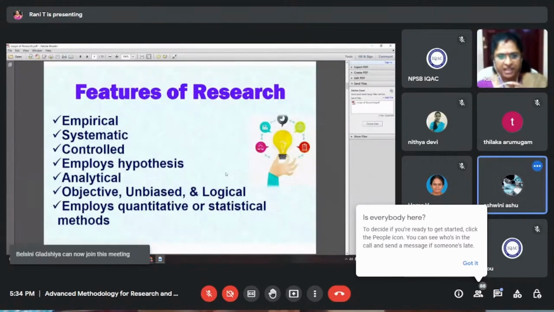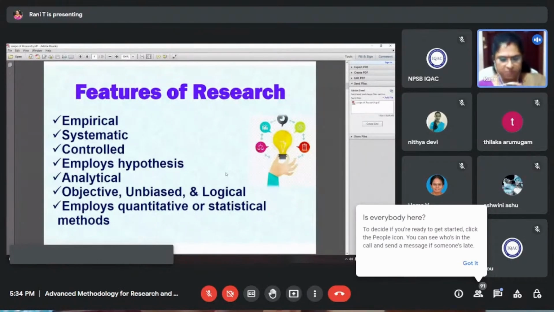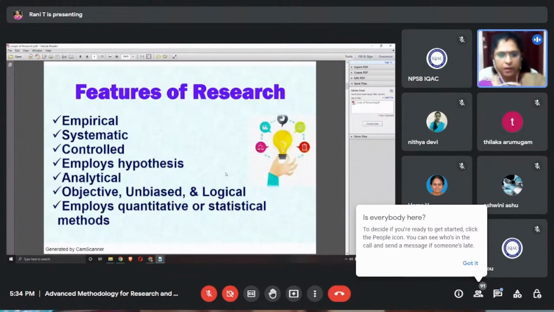And next, we employ the hypothesis which we have already framed, which is related to our particular journal or thesis or problem, and we do critical analysis by applying some statistical tools.